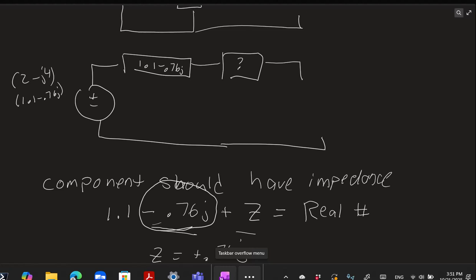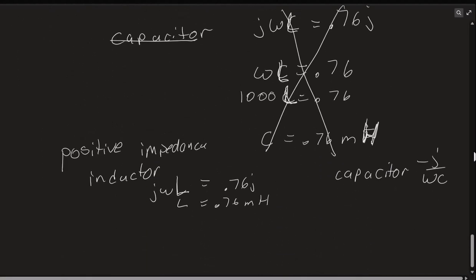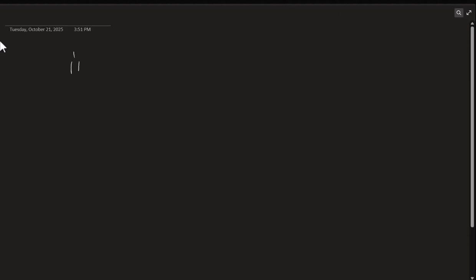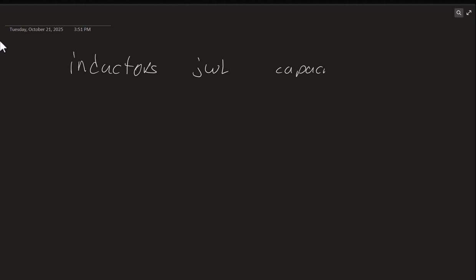So we need to add a positive part, and of our components, inductors are positive imaginary, j omega L, capacitors are negative, minus j over omega C. So if we are trying to get rid of the minus 0.76j part of the impedance, we want j omega L to equal 0.76j.